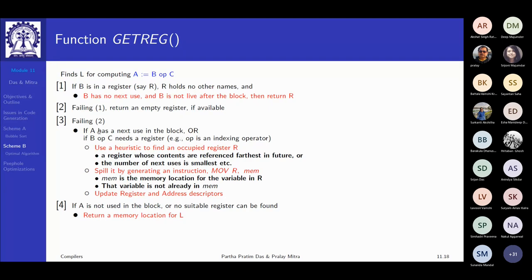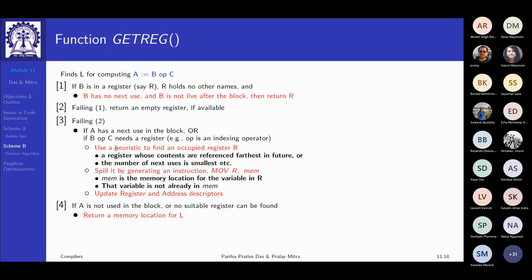Now, if A has a next use in the block, or if B operator C needs a register, because many operations necessarily need a register, like the indexing operator and so on, then you will do these steps to spill.